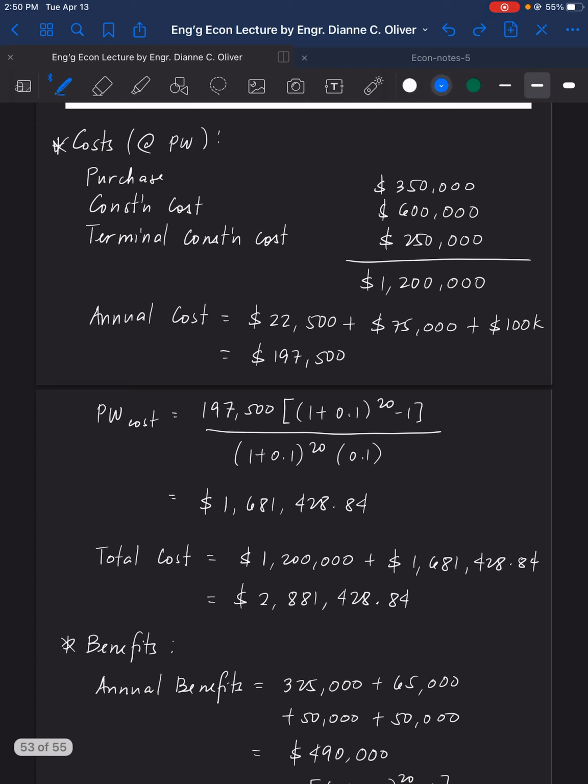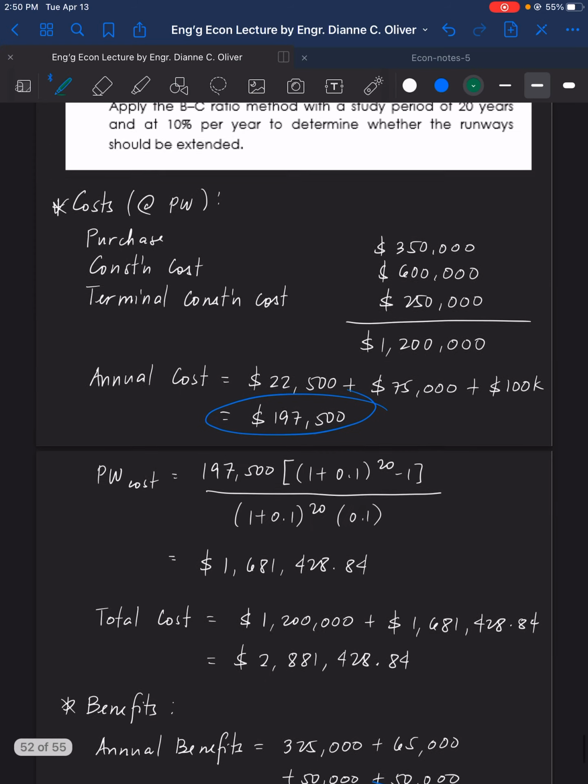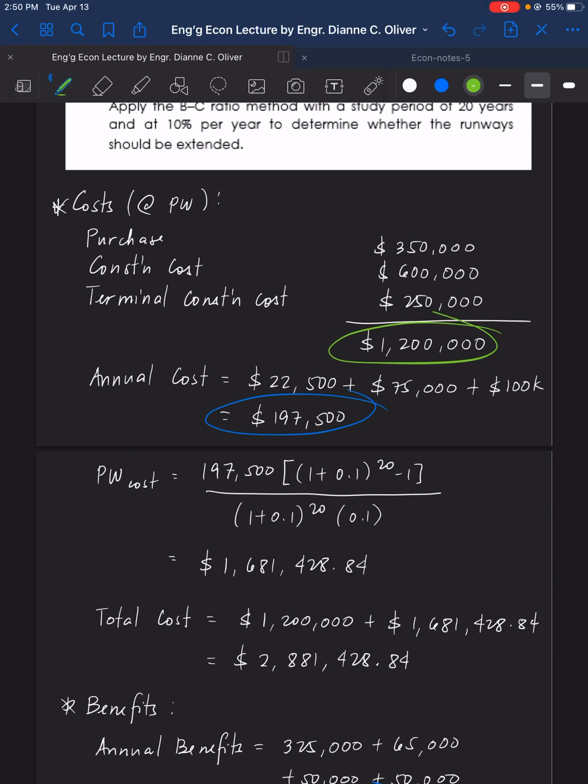There's no problem with the annual cost, so we will just copy it here. Then the annual benefit. What we will need to convert into annual worth will be the present worth of the cost.